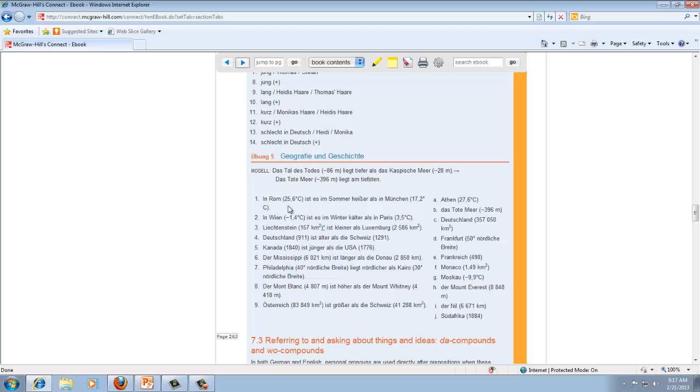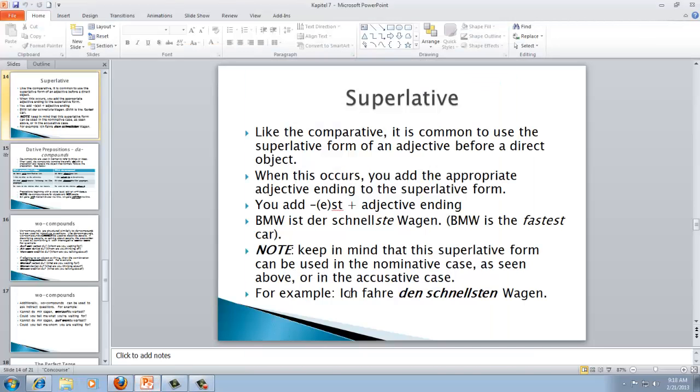So, in Rom ist es im Sommer heißer als in München. In Athen ist es im Sommer am heißesten would be your answer. Excellent. So that is your second task to work on.